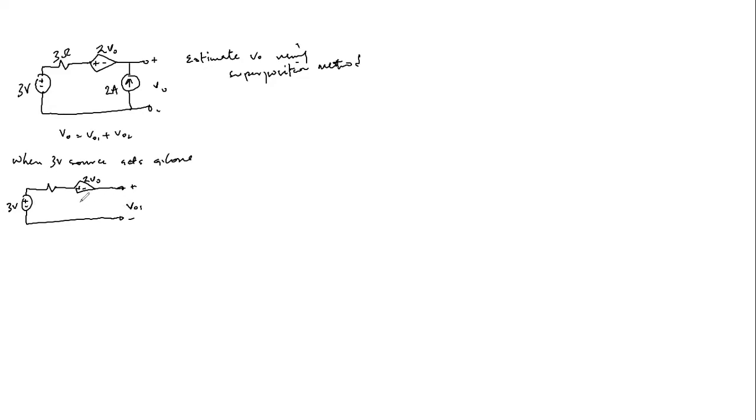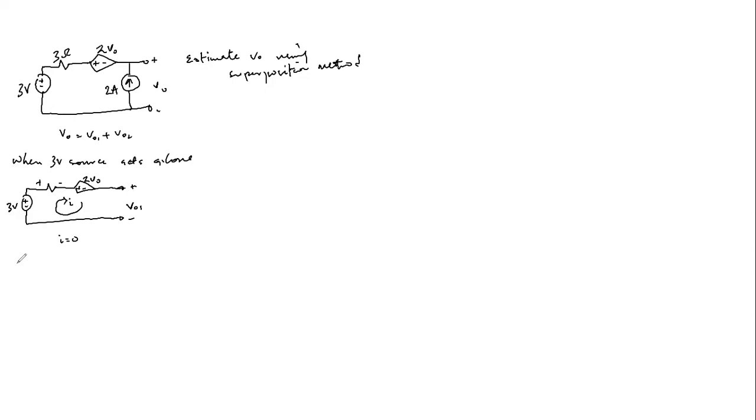Okay. Now, if we use mesh analysis here and assume I flows in this direction, you'll observe that there's an open circuit. When there's an open circuit, it means current does not flow. So in this case, I is equal to 0. So this is going to be plus minus here.